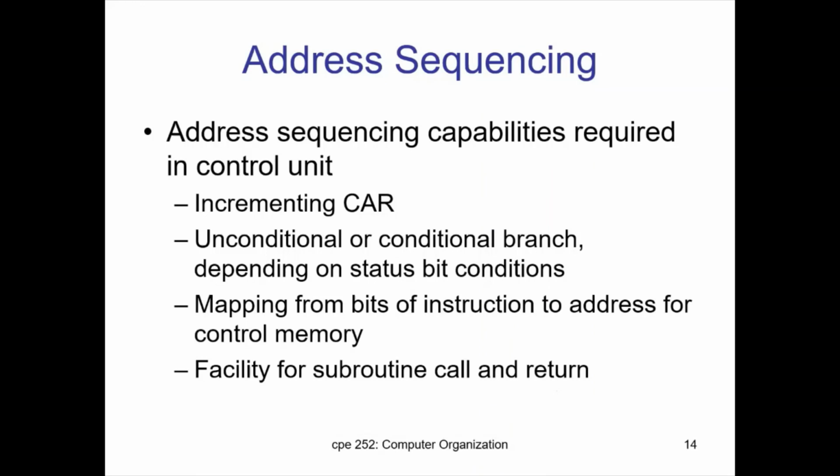Now, what we discussed in the previous class. Today's class we are going to discuss an important topic, address sequencing, what we watched in the robotic chef. It needs sequencing: incrementing the control address register, and unconditional or conditional branch, depending upon the status bit.